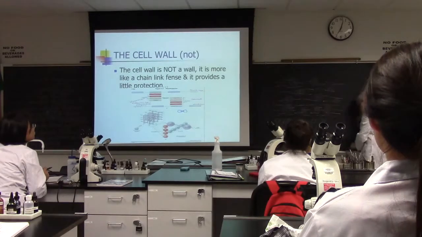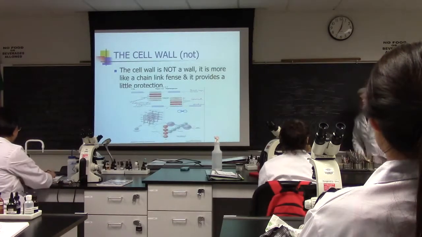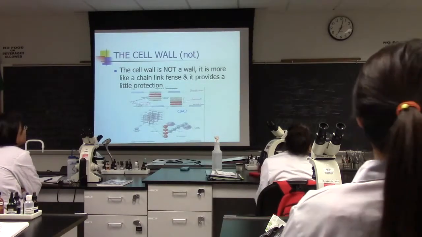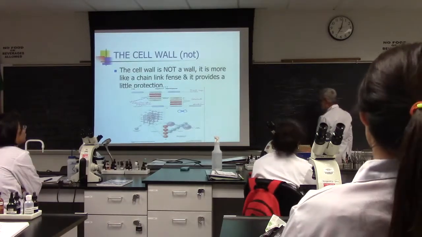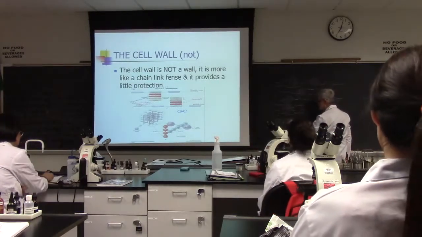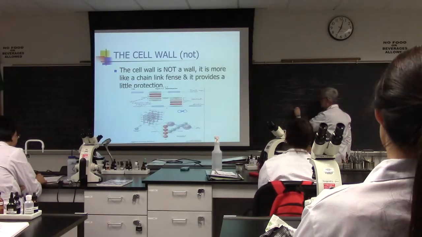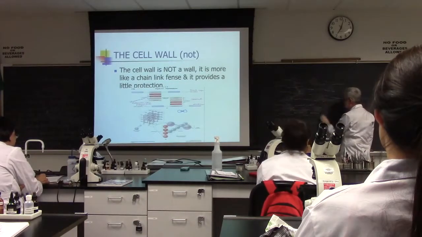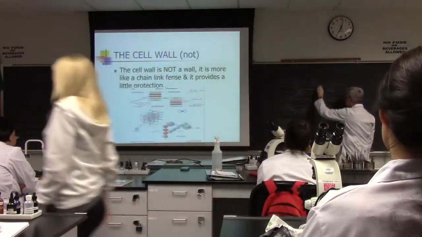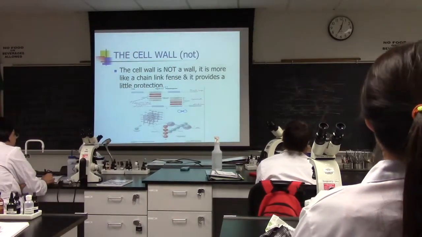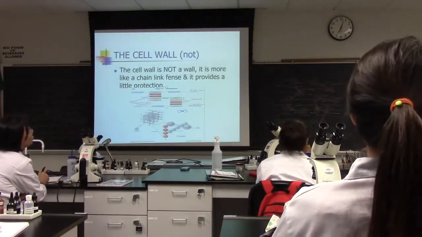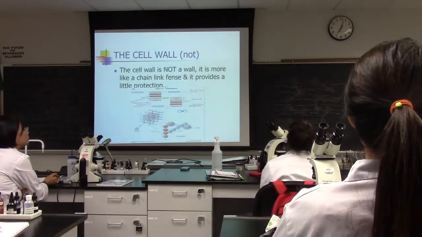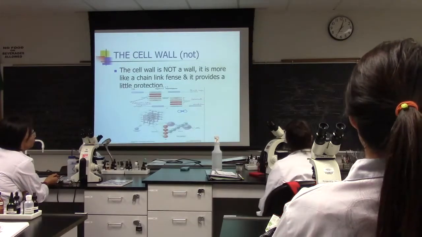So after putting crystal violet on gram-positive, what color is it after you shake off the crystal violet? Purple. Now you're going to add iodine, and that's going to cross-link the purple. After shaking off the iodine, what color is it? Purple. Now comes the second part.